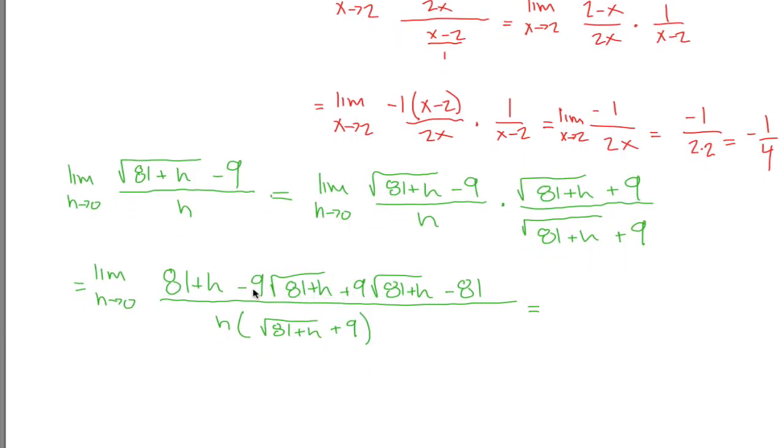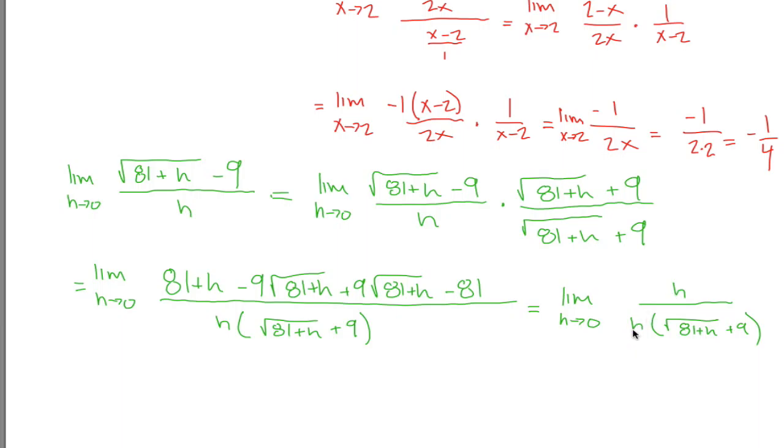What I want you to notice is we have negative 9 of these things and positive 9 of these things, so this and this cancel out. Also, I have 81 and negative 81, those cancel out. All that I'm left with is h divided by h times the square root of 81 plus h plus 9. I can now cancel out these h's.